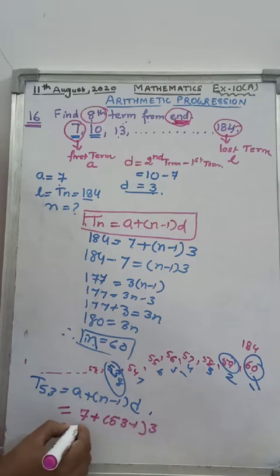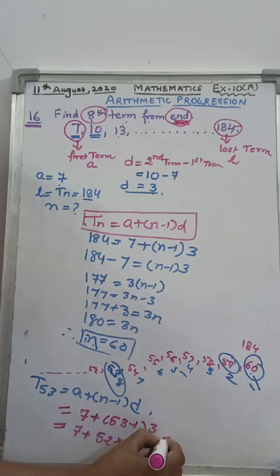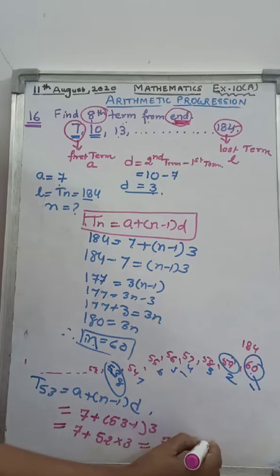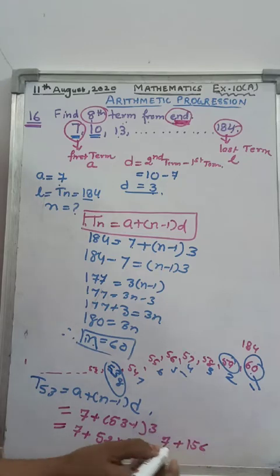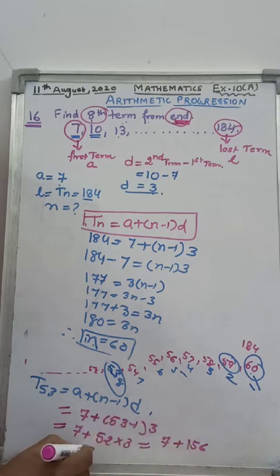So 7 plus 52 into 3. Now you will solve it. That will be 156. So 7 plus 156 will be 163. This is your 53rd term or the 8th term from the last.